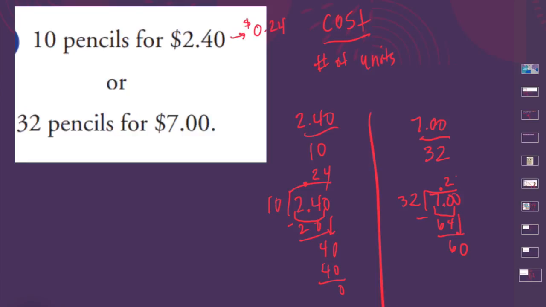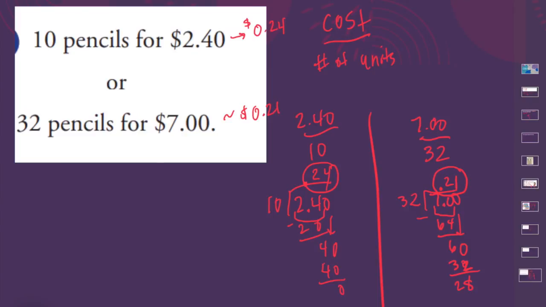And 32 goes into 60 once, because twice would be 64, so that would be over. And so that would be 28. And we actually can stop there because we can see that this is already less than 24 cents. This one's about, that's the about symbol in math, about 21 cents.